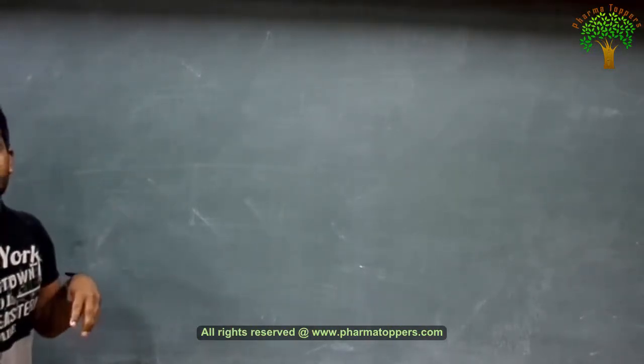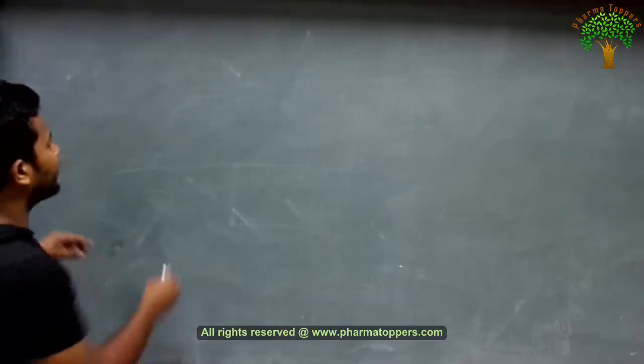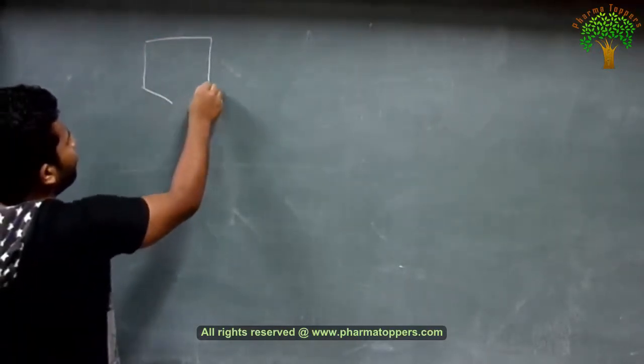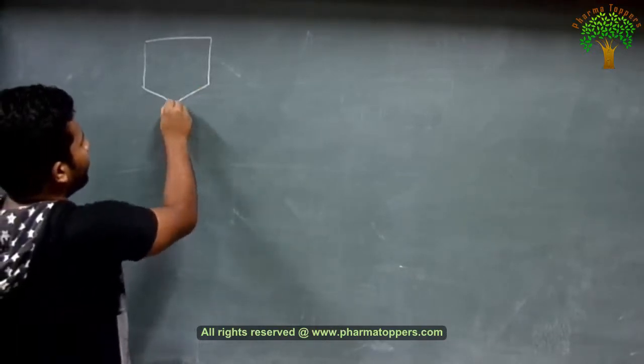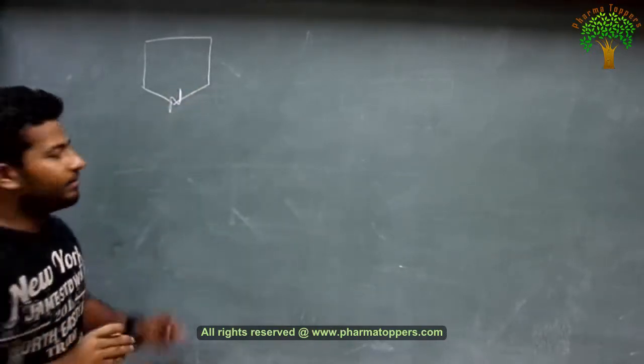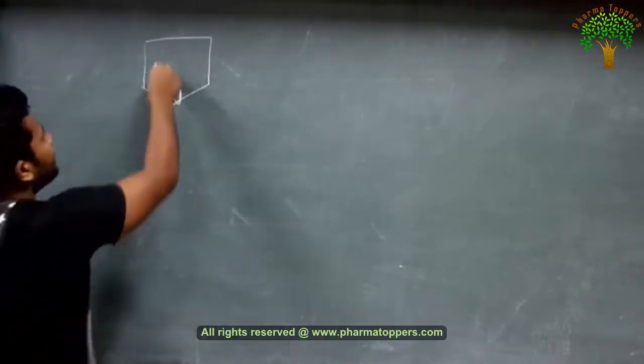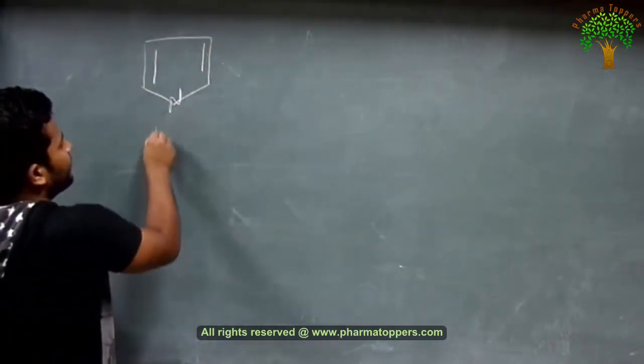Suppose we take an example of any heterocyclic ring or any 5-member ring. Suppose the ring contains 5 members with a heteroatom. That's why it is called a heterocyclic ring. This is pyrrole.